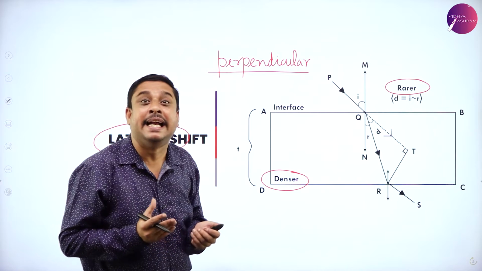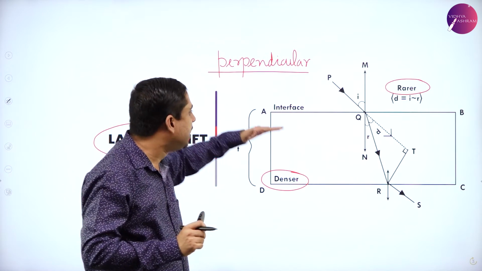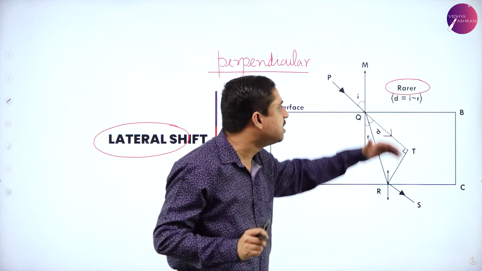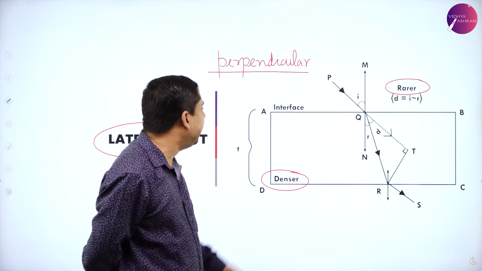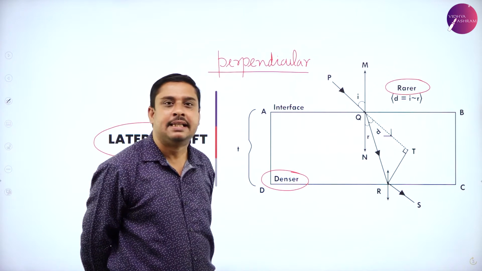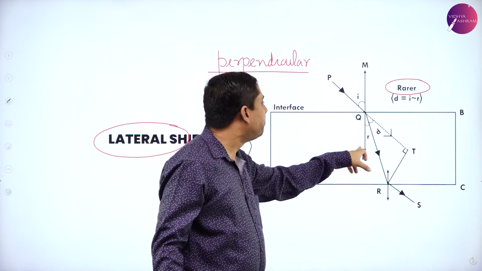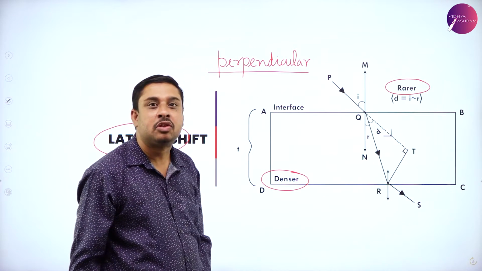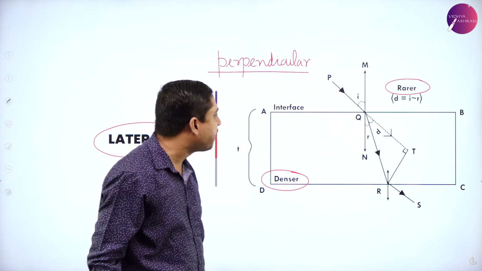AB is the interface. As I told, it is a surface which separates the rarer medium and the denser medium, and MN is the normal. Now follow carefully.